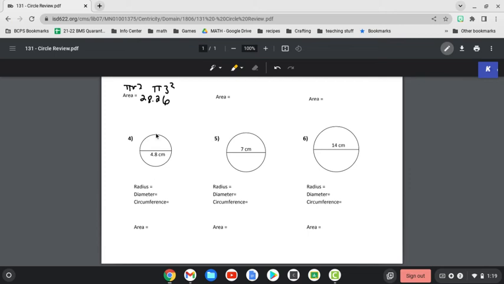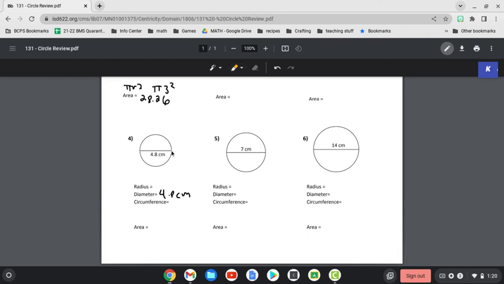So here we have a circle, and our line segment goes from circumference to circumference. It cuts my circle in two. Di means 2, so they're giving us the diameter. So that is 4.8 centimeters. Pardon my handwriting, it's pretty garbage. And in order to find the radius, I just need half of that.